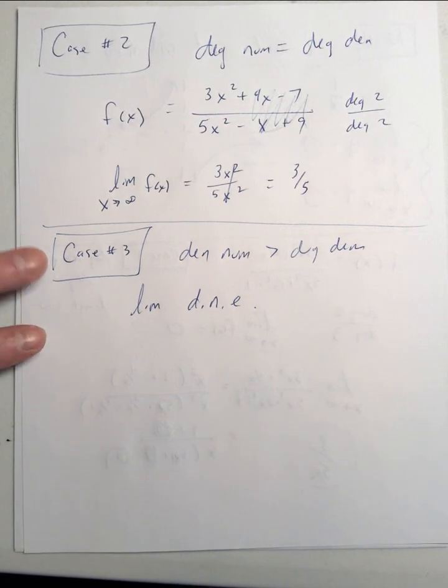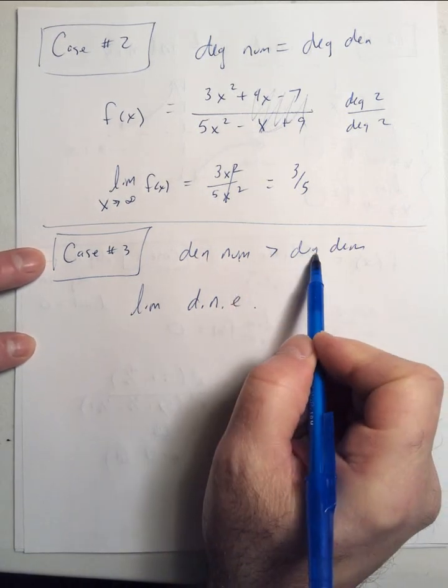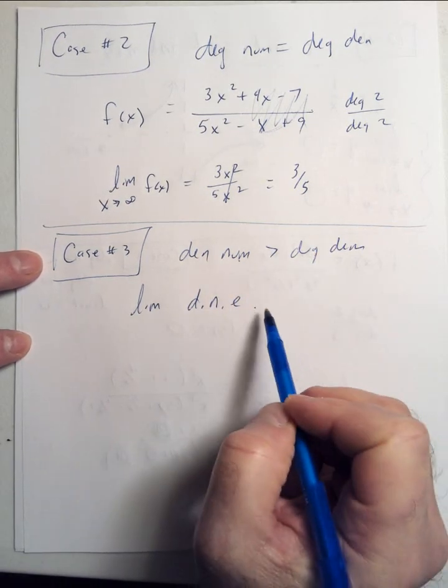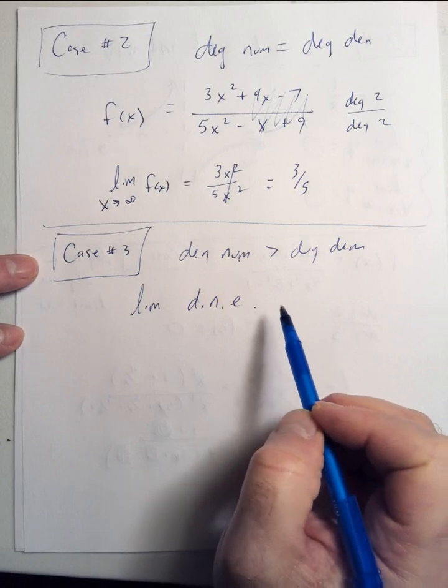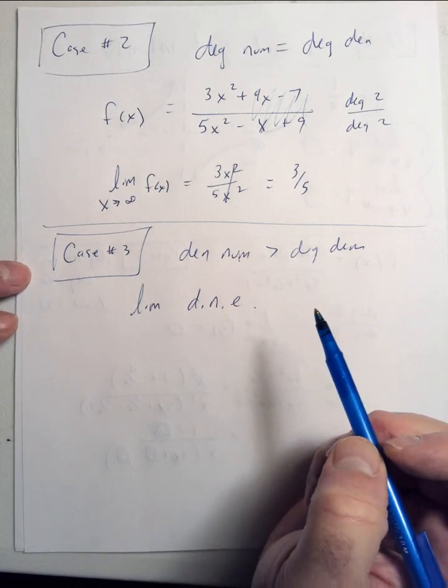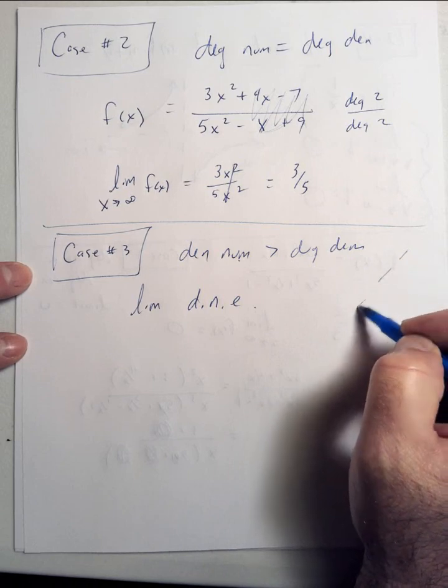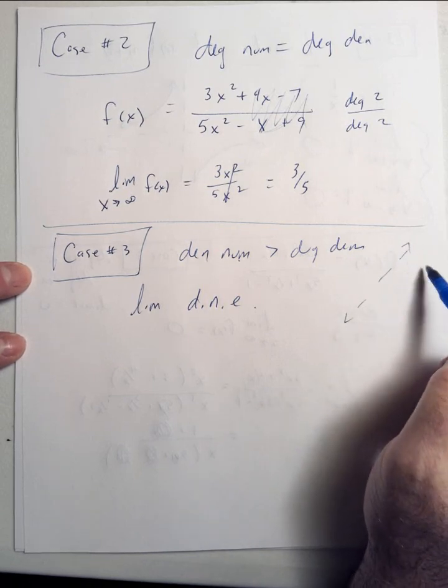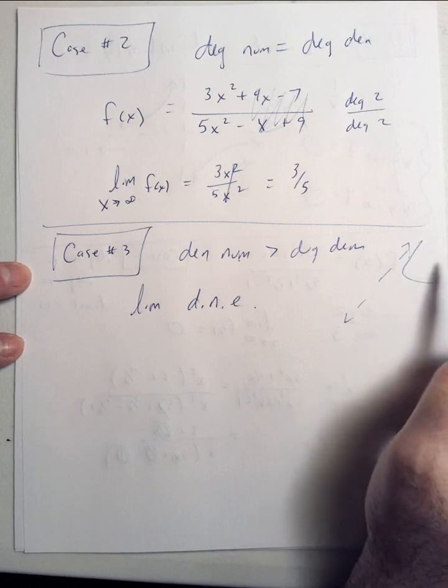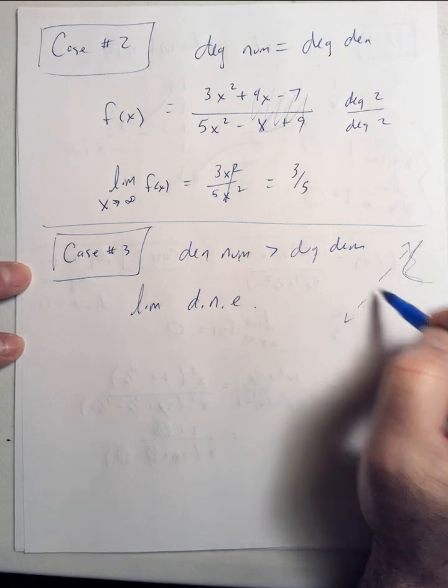If you remember, we spent time talking about oblique asymptotes or slant asymptotes. When the numerator was one degree more than the denominator, we do the division and find the slant asymptote. That was for end behavior, but even if you have a slant asymptote, remember the graph was doing something like this.